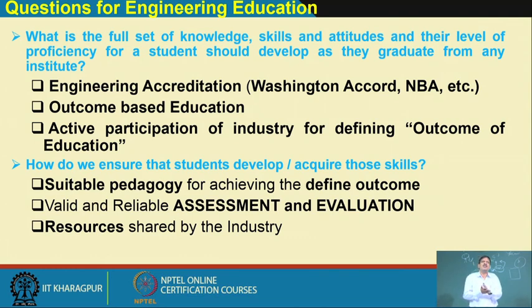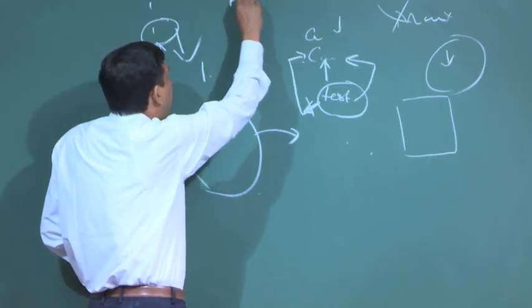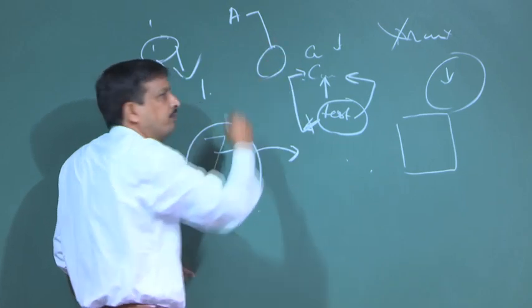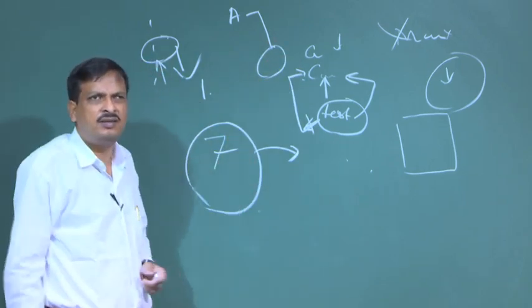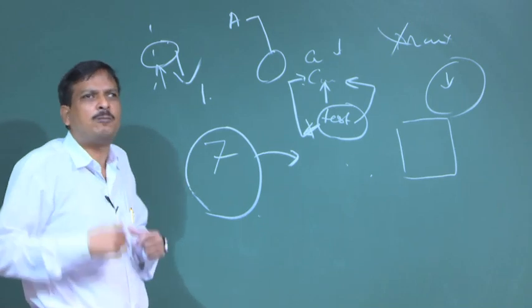What is the full set of knowledge, skill and attitudes, and their level of proficiency, that a student should develop as they graduate from any institute? So, somebody in industry said the graduated students of institute A are not employable in my industry. Then how do I solve this problem?